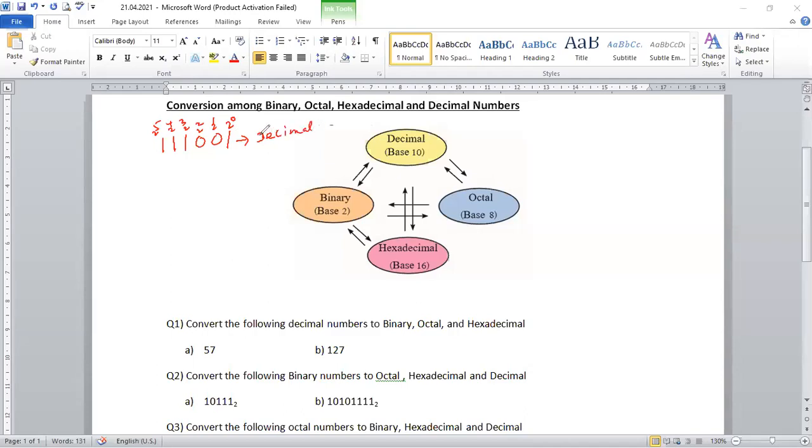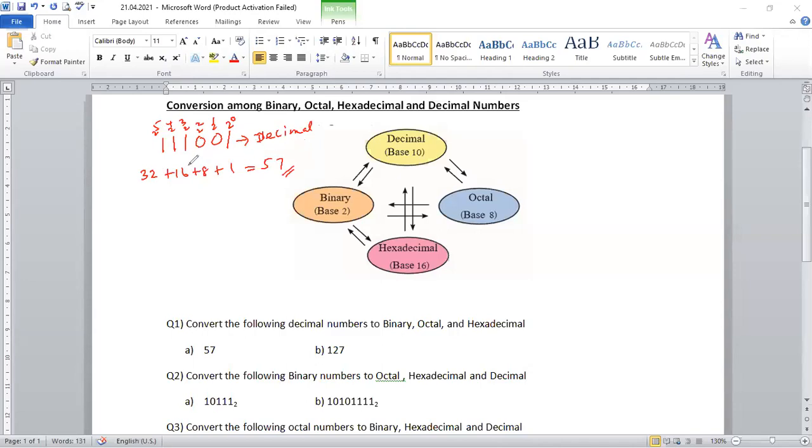For that, 2 to the power 5 is 32, so 32 plus 16 plus 8 plus 1. When you add these, 16 plus 8, 24. 24 plus 32, 56 and 57. So this is how you can convert a given binary number to decimal.